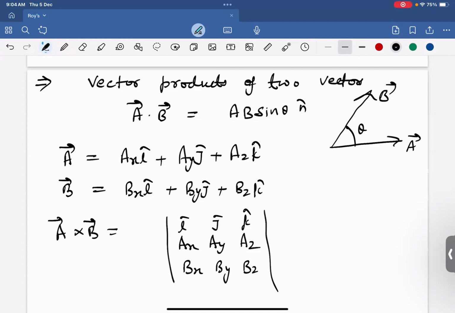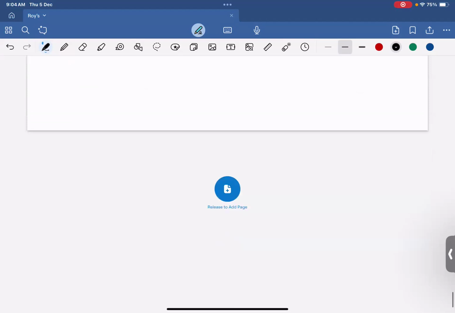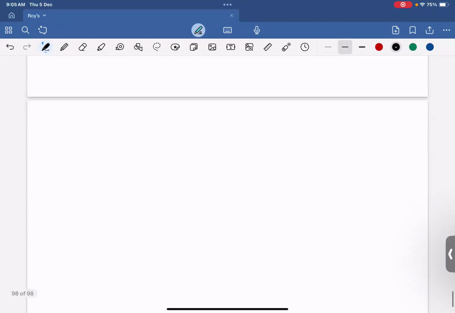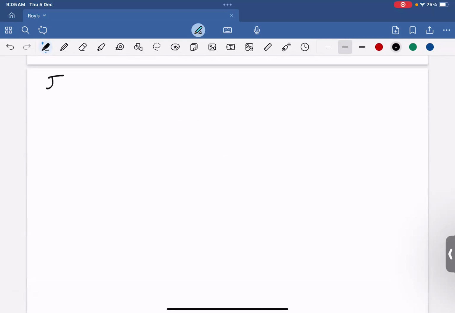Okay. So now let's talk about torque. First we'll discuss torque and angular momentum. Torque is basically called the moment of force.